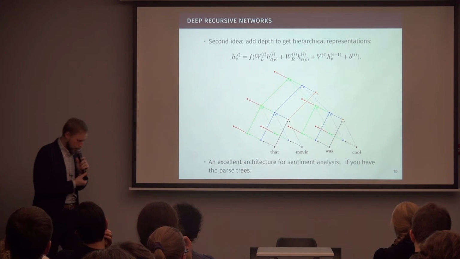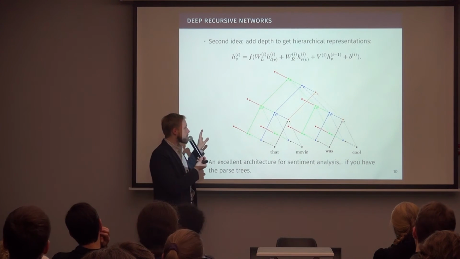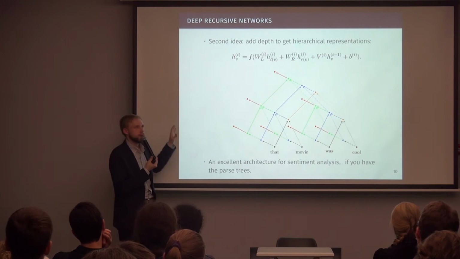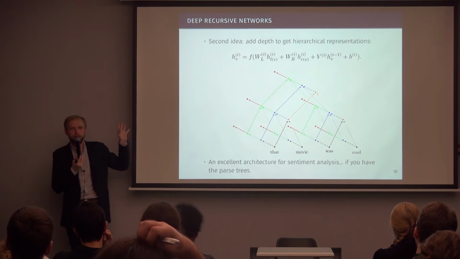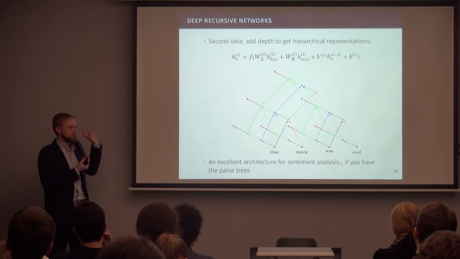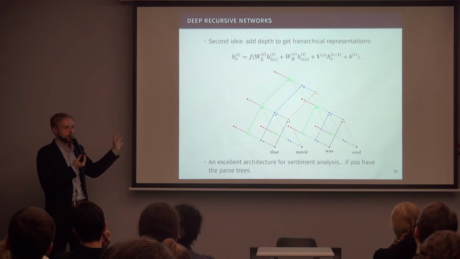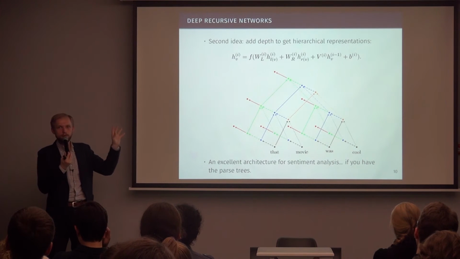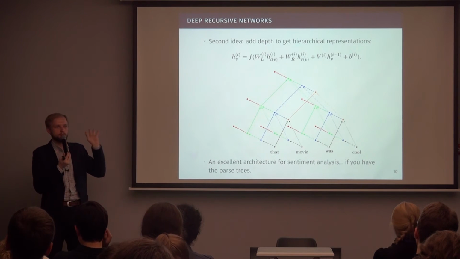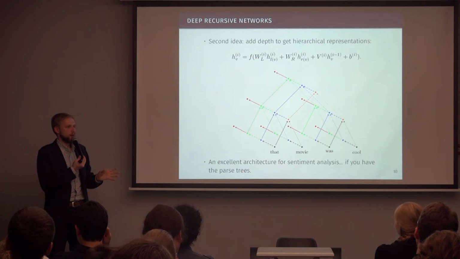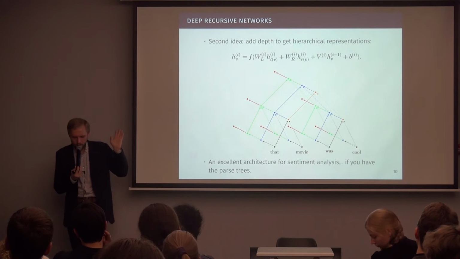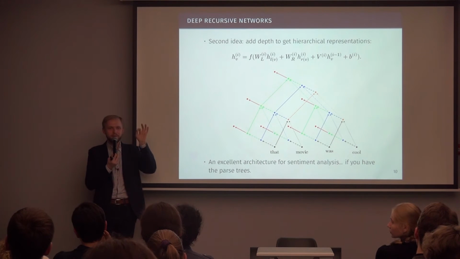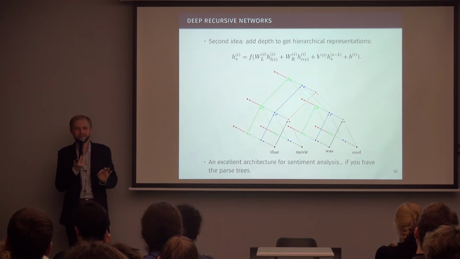And all these guys, they do experiments on what is called the Stanford Sentiment Treebank. It's a data set for sentiment analysis, where you have the already handmade parse trees for every sentence, and I think they even have supervised information on the sentiment of every node in these parse trees.